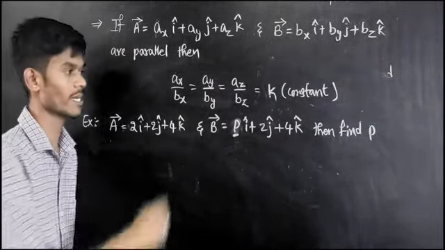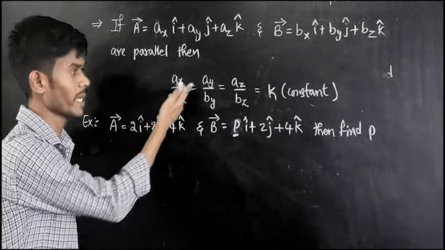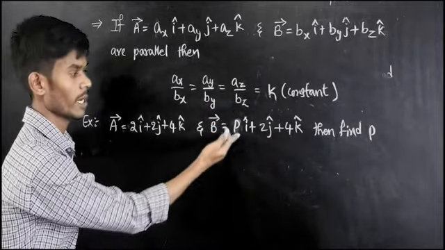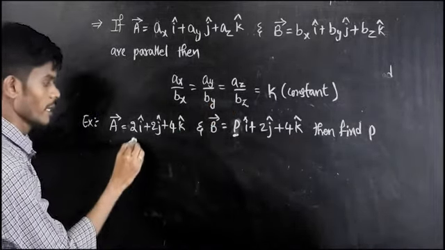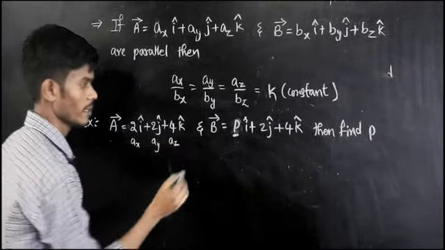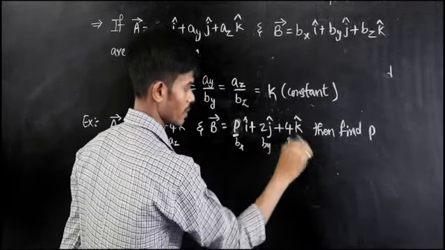If these two vectors are parallel, by making use of this condition ax by bx, ay by by, az by bz is equal to a constant, we can find the p value. See here, this is ax, ay, az, bx, by, bz.